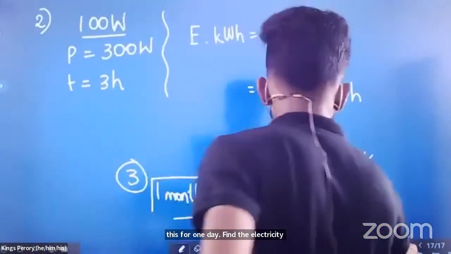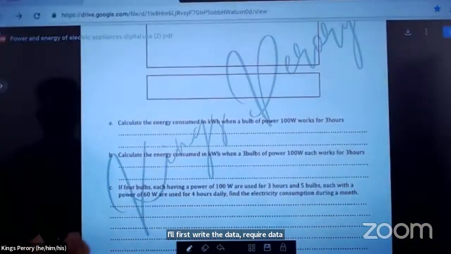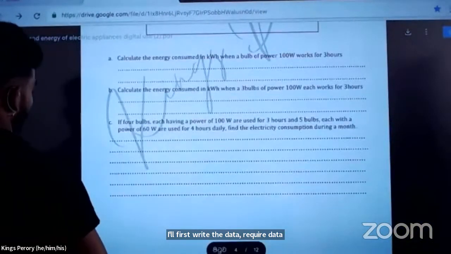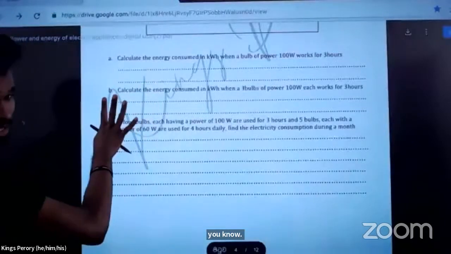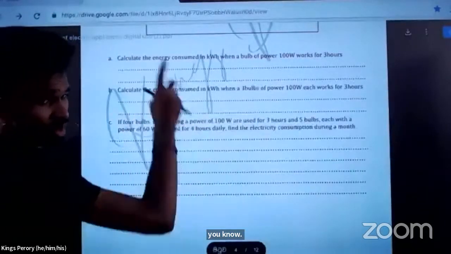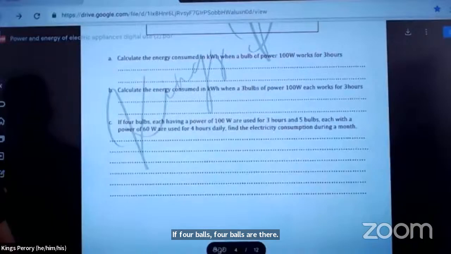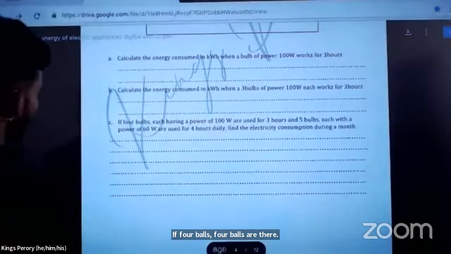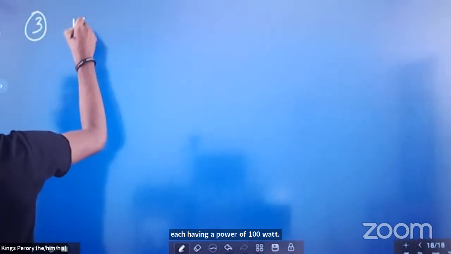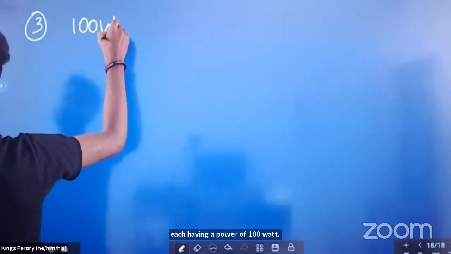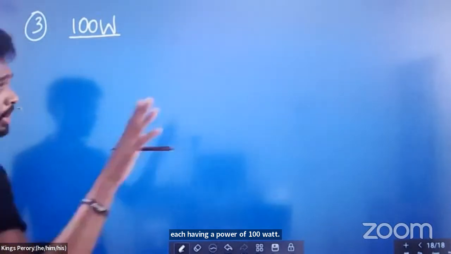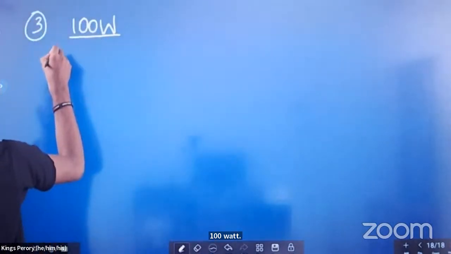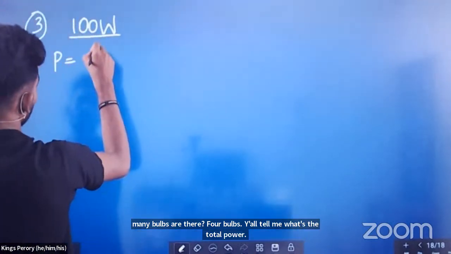I'll first write the required data. If 4 bulbs are there, each having a power of 100 watt, what's the total power? 400 watts.